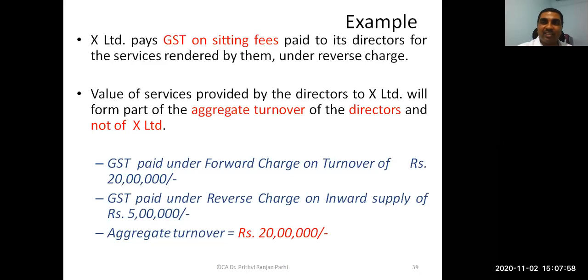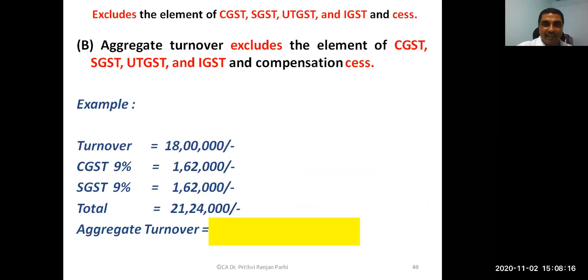Outward supply means sales or some other kind of services which are provided. So if GST is paid on reverse charge basis on inward supplies, that will not be included. But if GST is paid on reverse charge basis on outward supply, that will be included. Okay, is this concept clear? Like this, we have to make various analyses.